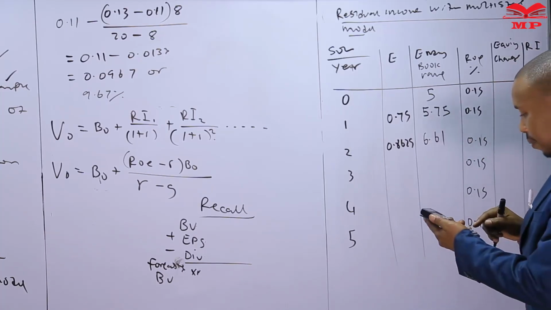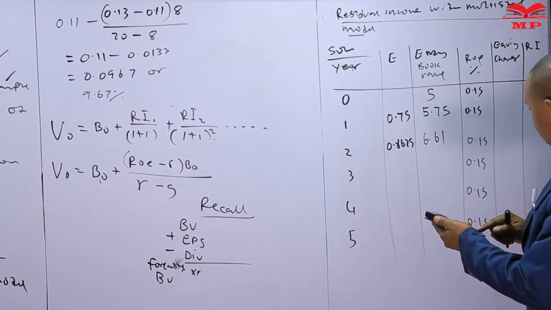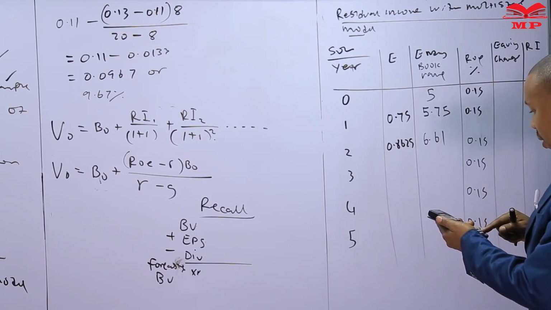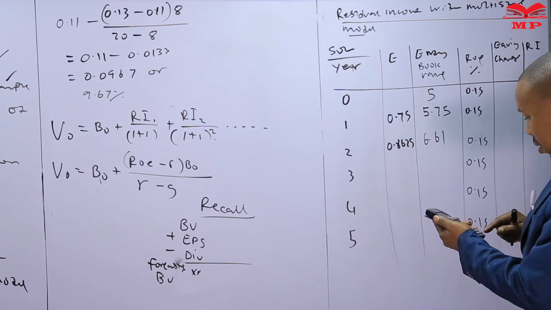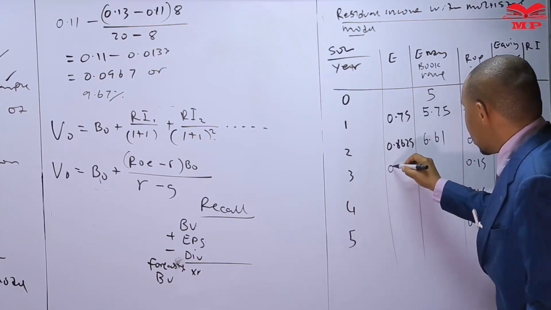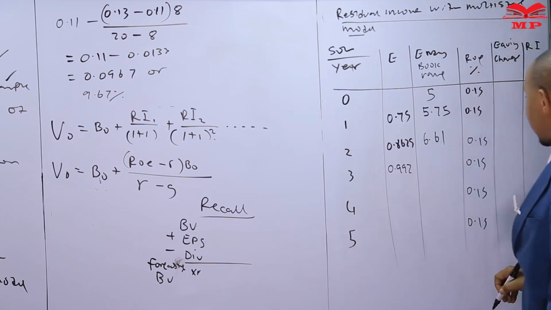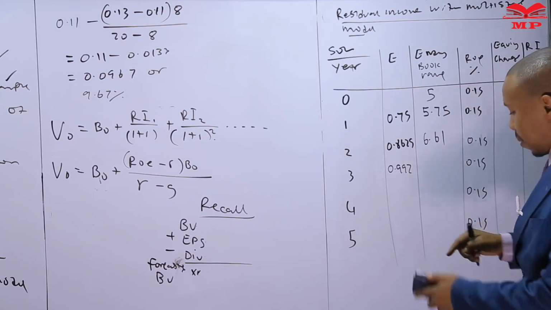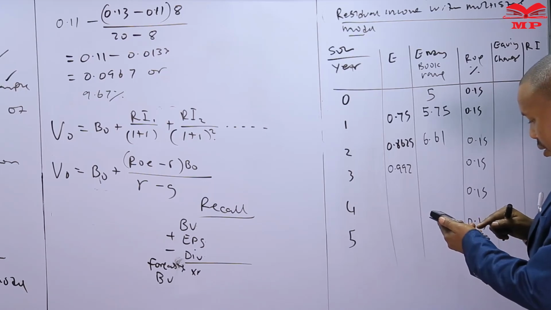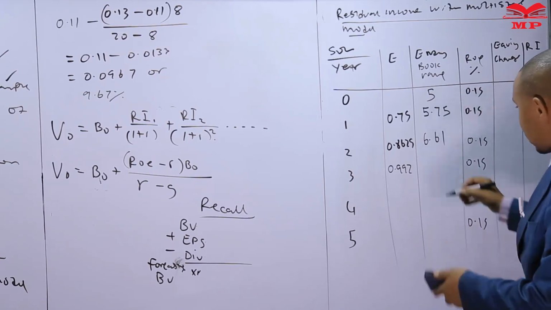This times that, 0.15 times 6.61, 0.992. This plus that, then you say plus 6.61, 7.60.